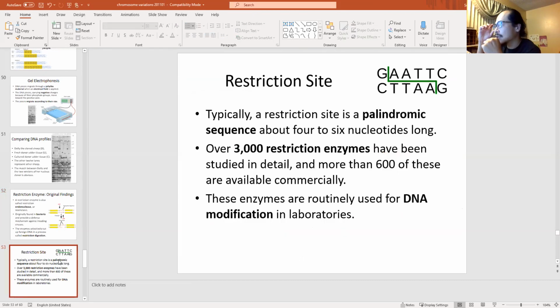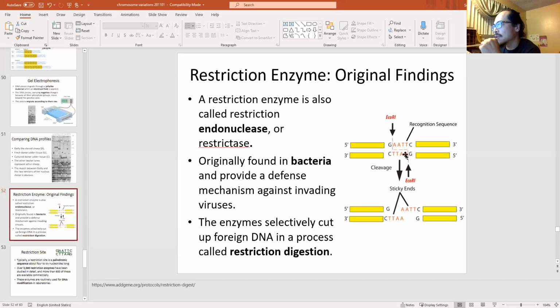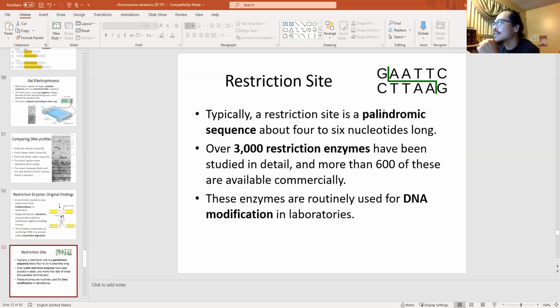So this site, the recognized site, sometimes it could be a palindromic sequence. So like this one here. The palindromic sequence means that when we read it back or forward, they will read the same. Let's look at this one.